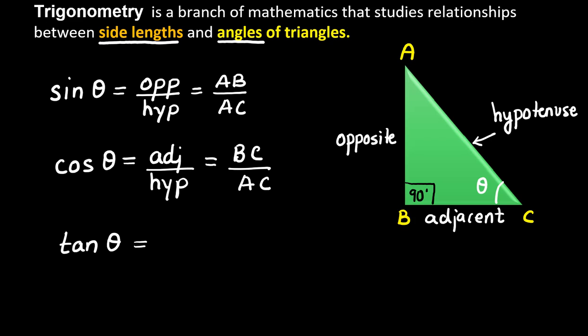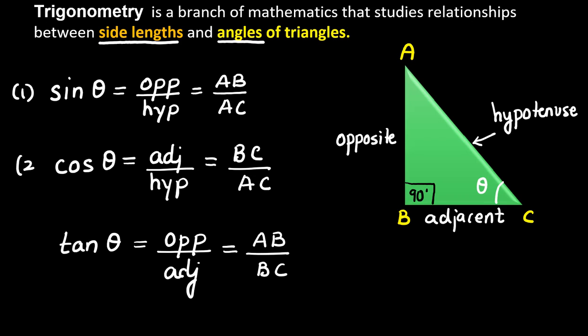Tan theta is opposite upon adjacent. What is my opposite over here? AB, and adjacent is BC. Okay, so these are the main three basic formulas, and based on this we are going to derive other formulas as well.